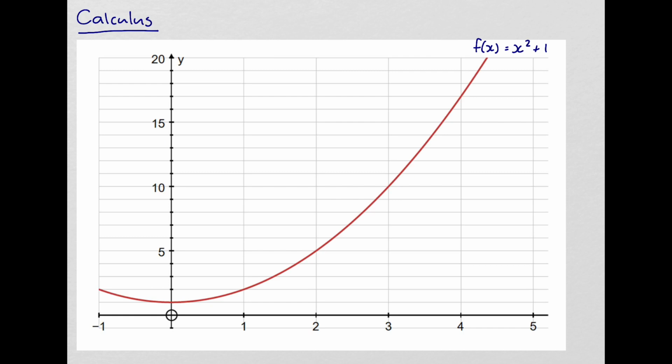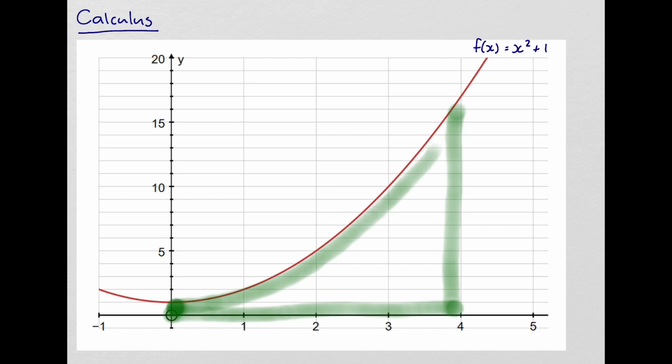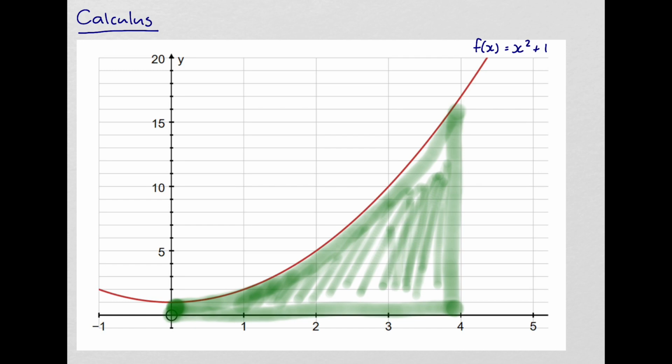If I highlight that region, we would have the x-axis highlighted here up until 4, including x = 4, and then we would go along the curve. So we're looking for the area of this region shaded in green. But it's difficult to work out with a formula alone because it's irregular.